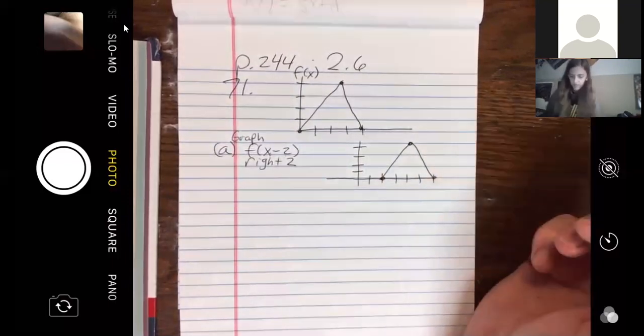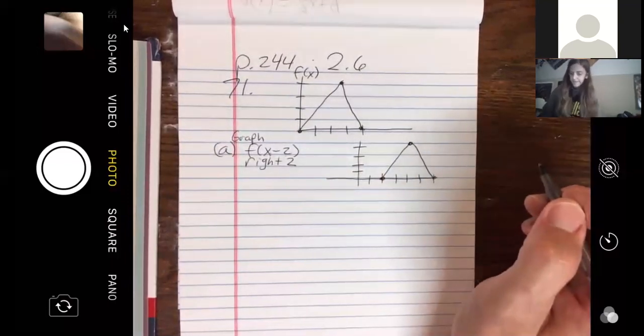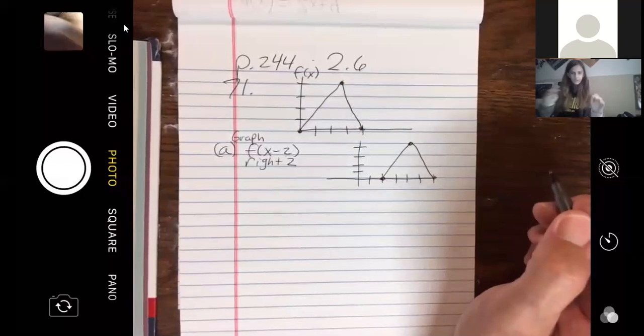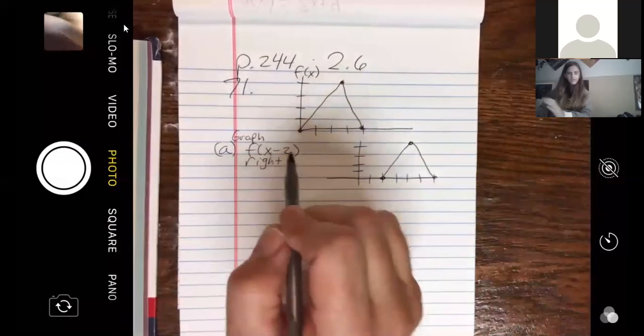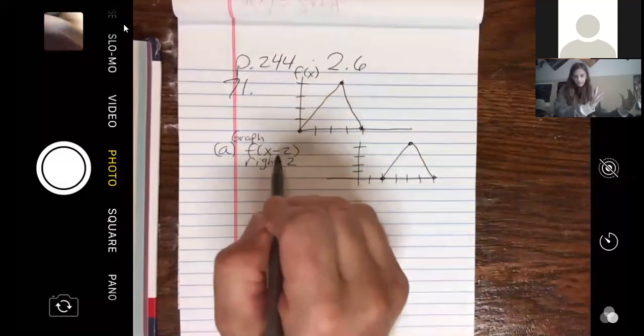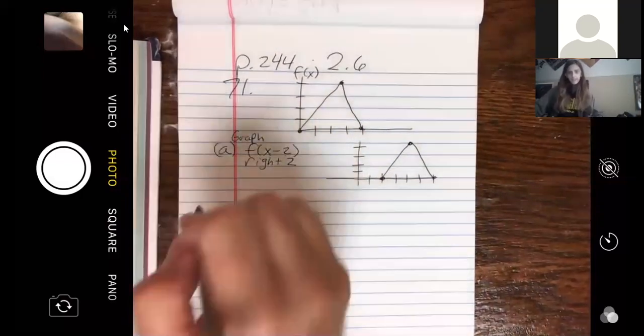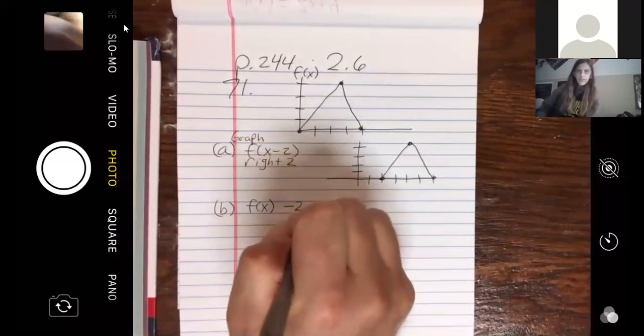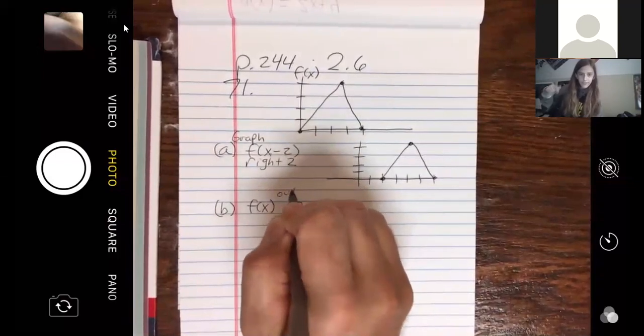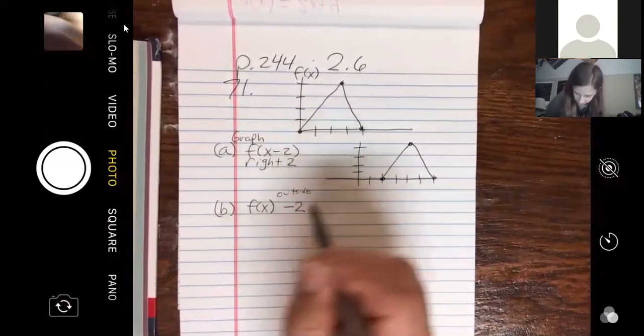Questions about that? So if it's a minus inside, it shifts over to the right, and if it's a plus, it shifts to the left. But notice at B, it's outside. Minus 2, outside.